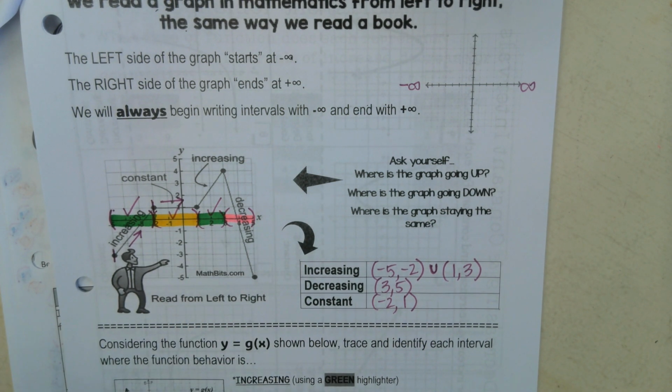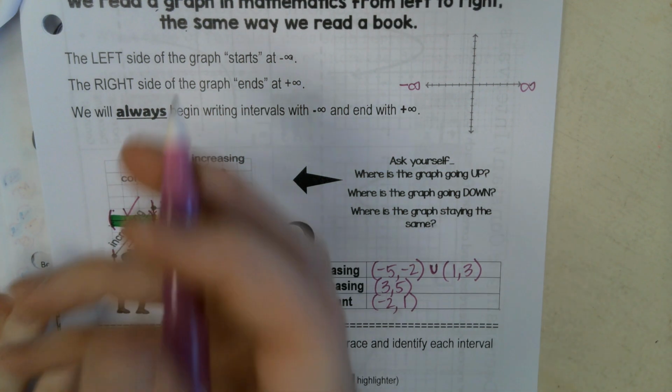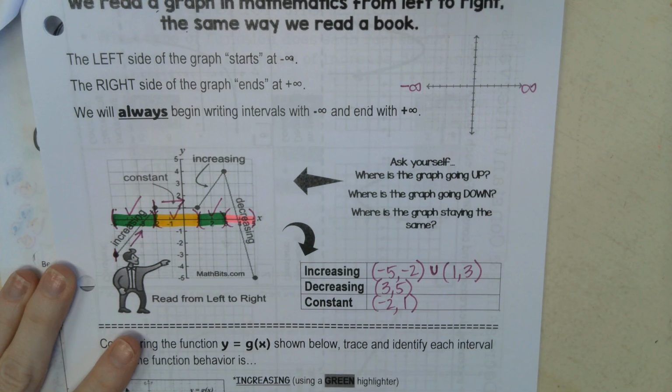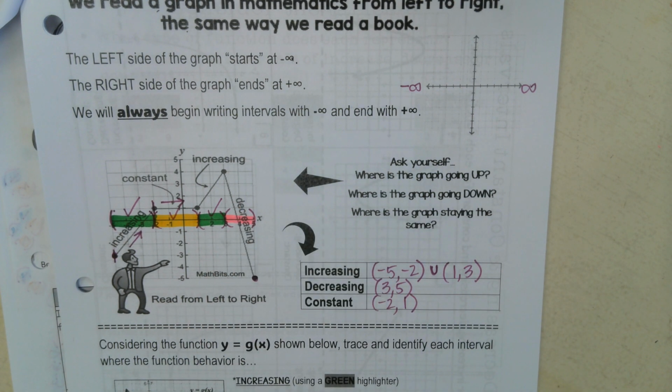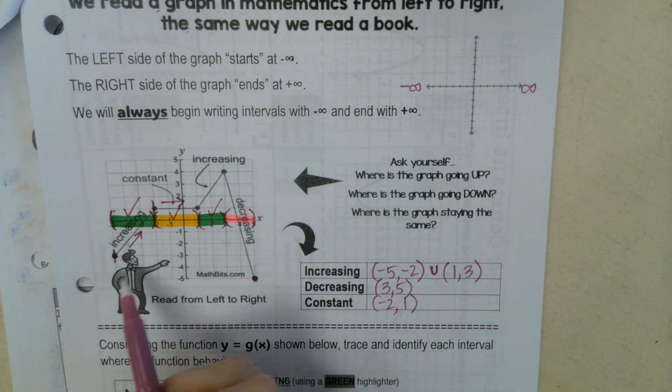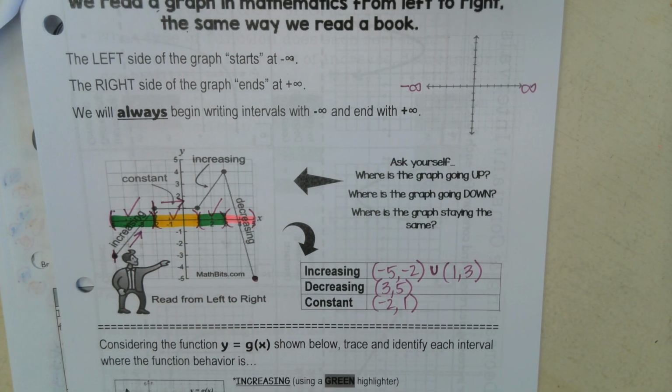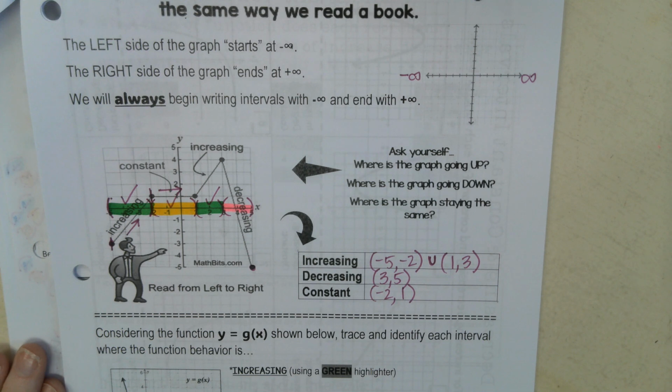Why did I not say to infinity or coming from -infinity here? Because it stops. That was a solid point, right? That is not an arrow to tell me it keeps going. So make sure you pay attention to the little things like that on our graphs.